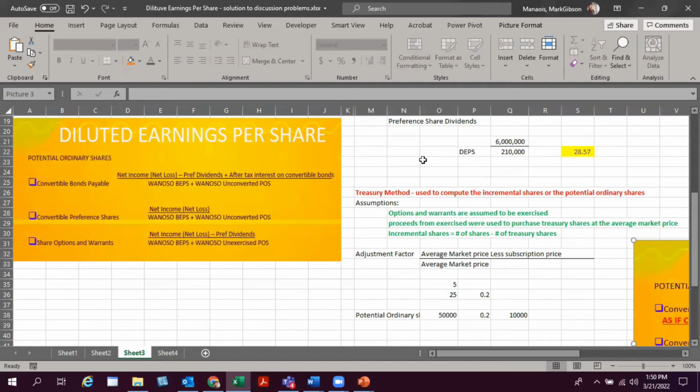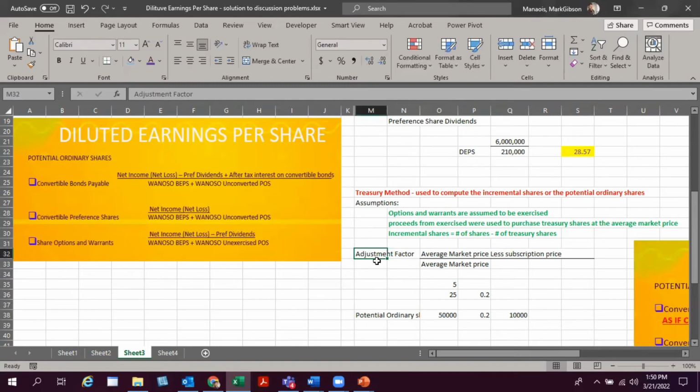So we're not terminating them. To compute for this, we have the adjustment factor. To get the adjustment factor, it's simply the average market price less the subscription price, over the average market price.